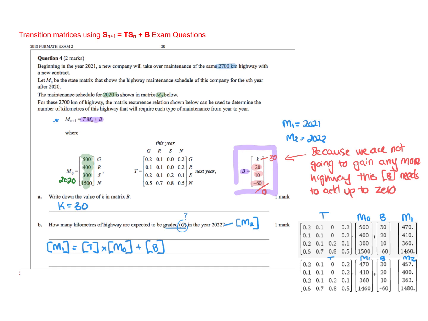Okay, so if we do that, and I showed you over there on the calculator, we get this answer of 470, 410, 360, and 1460. So that is essentially M1. And now we're going to do the same thing again, but we're going to use M1. So transition times M1.